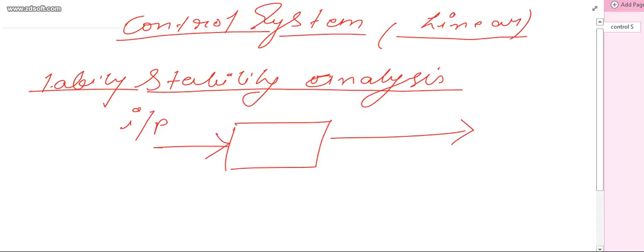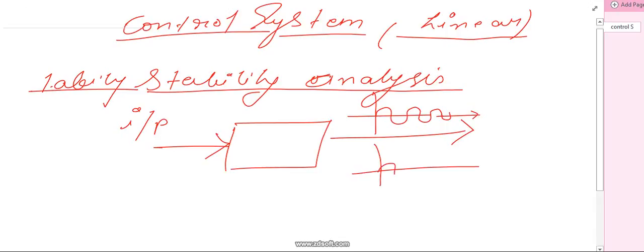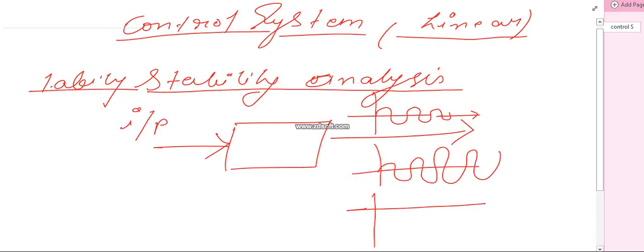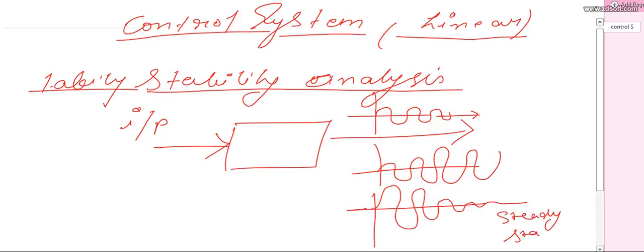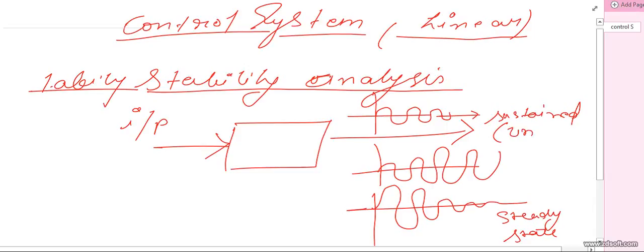of the system develops oscillations, the oscillation can be constant oscillation, or the oscillation can be the increasing one, and the oscillation could be a damped one. So this is the steady state. Here, if we see, the sustained oscillation is there and the system is unstable.